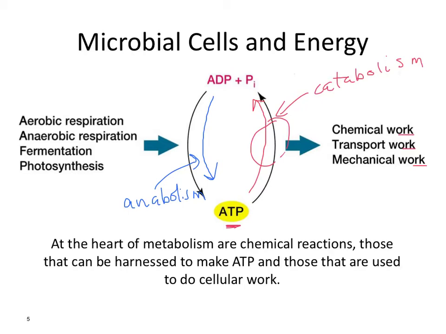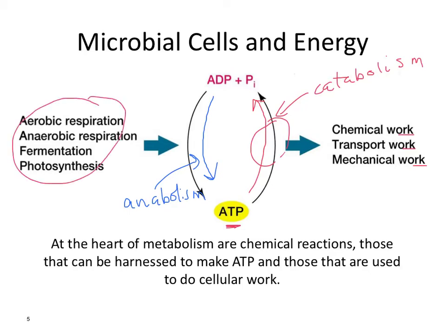The energy required to make ATP is provided through energy yielding processes, or energy conserving processes more accurately. So we're conserving energy from other chemicals and funneling it into ATP, or we're conserving energy that was found in light and we're funneling it into ATP synthesis. The different ways that microbes go about this are listed over here on the left.